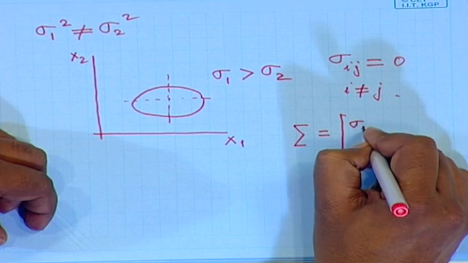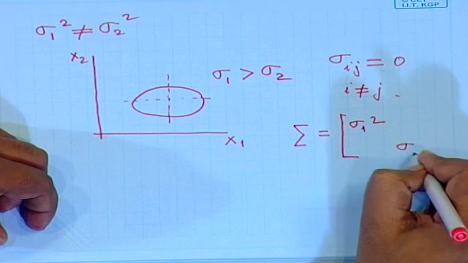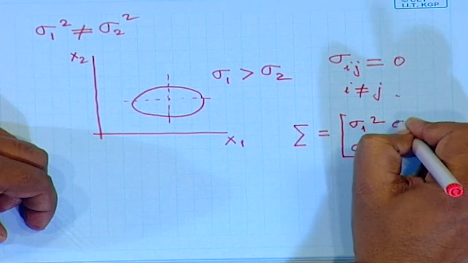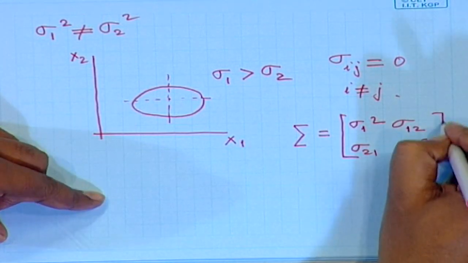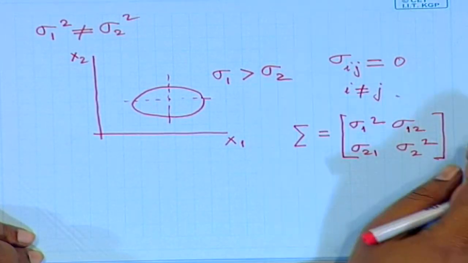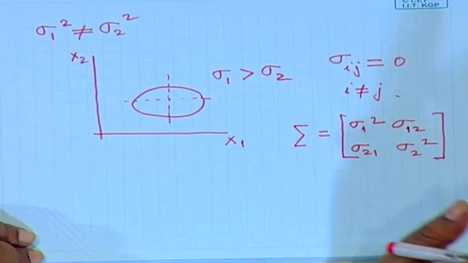Okay. If the components are not statistically independent, then even the off diagonal elements will also be non-zero. So, I will have a situation that sigma 1 square, sigma 2 square, here I will have sigma 2 1, here I will have sigma 1 2, where sigma 1 2 and sigma 2 1 they are non-zero values.